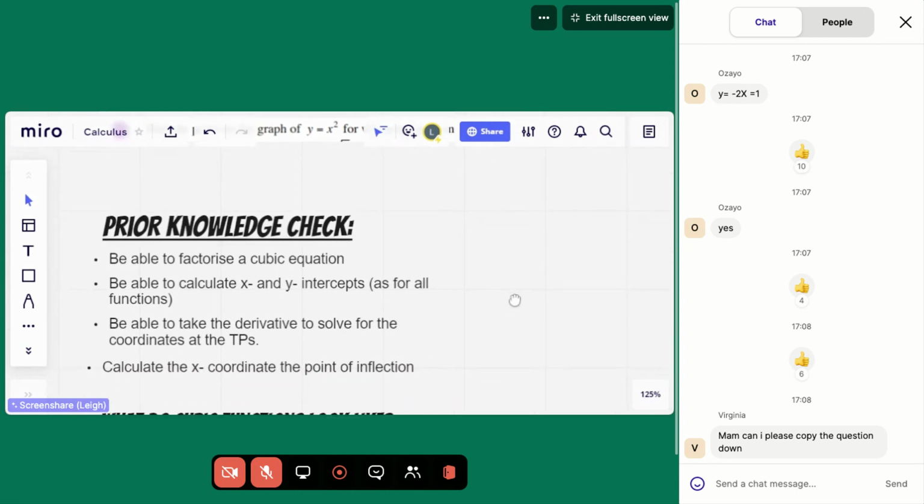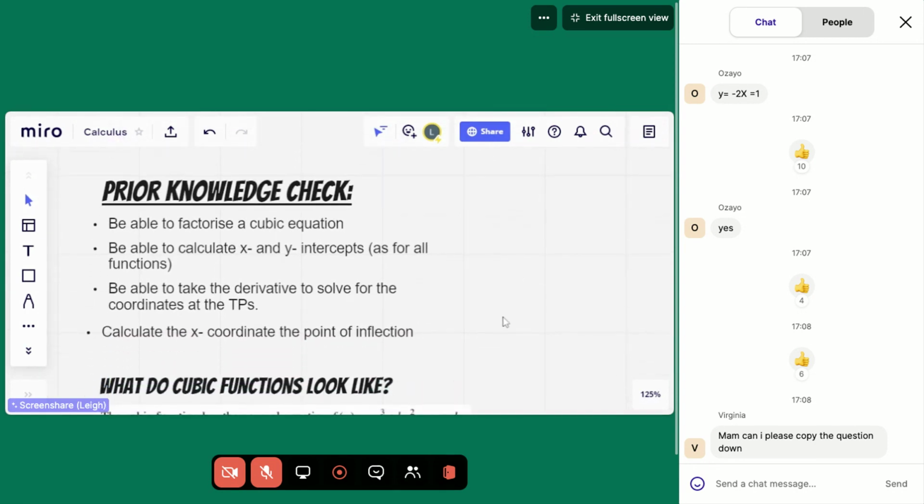If you've had an opportunity to look at those videos that Miss G has made, then what you would have taken away from that is that when we are talking about the coordinates at the turning points, we are always talking about the first derivative.